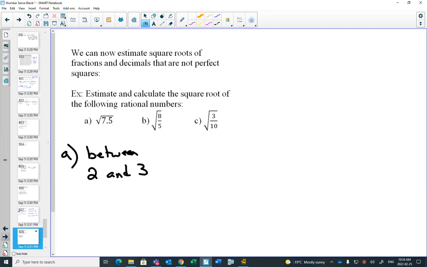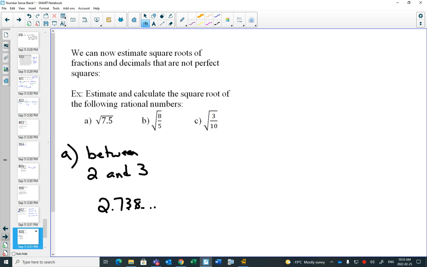What is it actually? 2.7 something? We're going to only do 1 decimal place. And if it doesn't repeat, and it doesn't end, then it's going to be an irrational number.